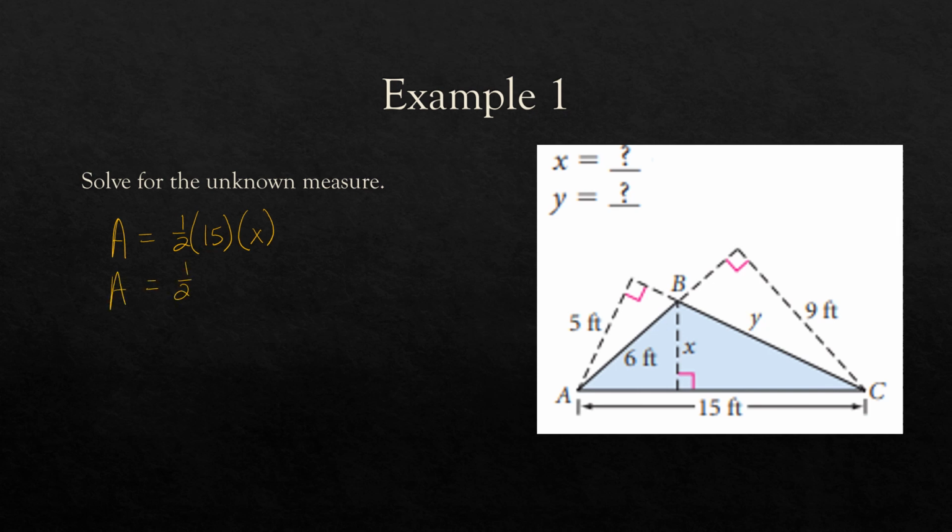Well, I can use a different base. 1/2, let's use y for the base. If y is my base, what line is perpendicular to y? The height of the triangle would be 5. So again, the height is the altitude of the triangle, and an altitude can be outside of the triangle. So in this case, perpendicular to y is that 5.